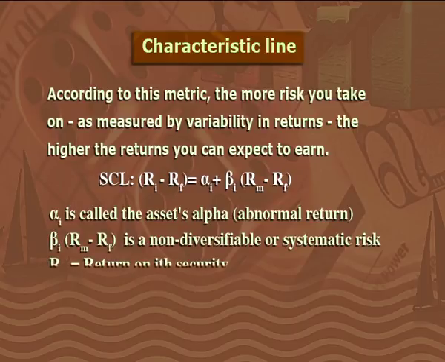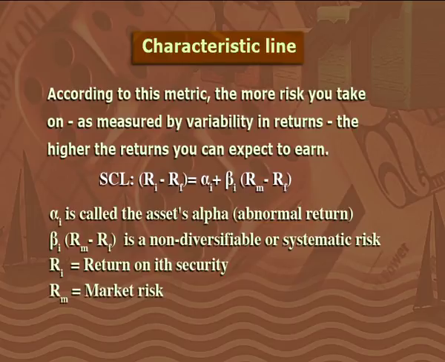Beta i (Rm minus Rf) is a non-diversifiable or systematic risk. Ri is return on ith security. Rm is market return and Rf is risk-free rate.